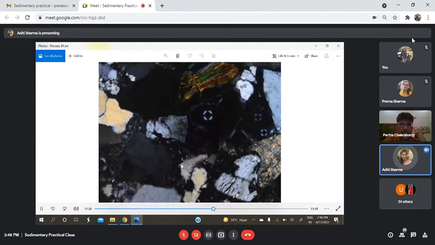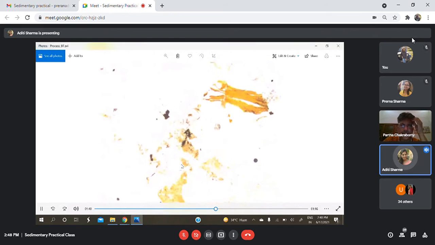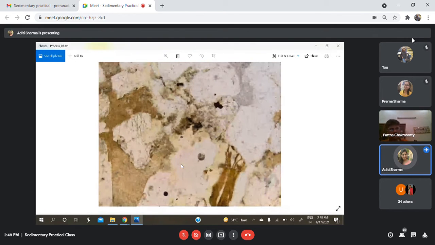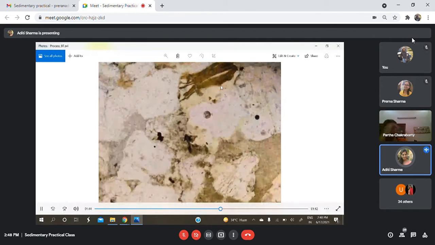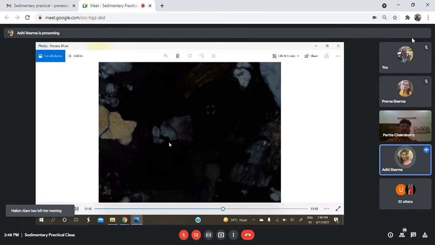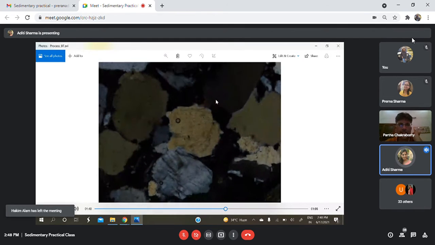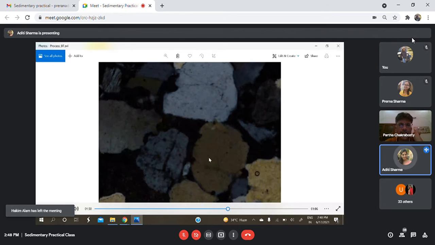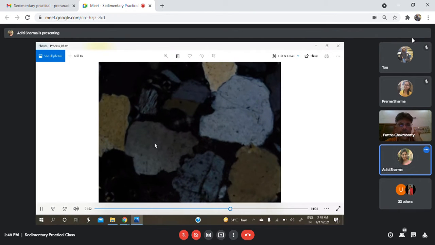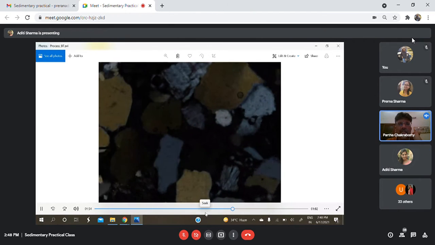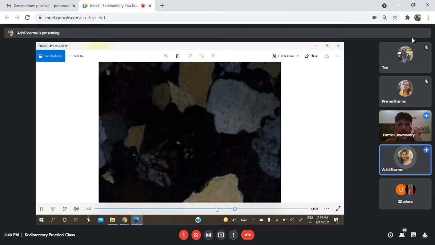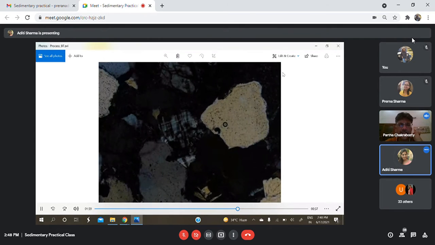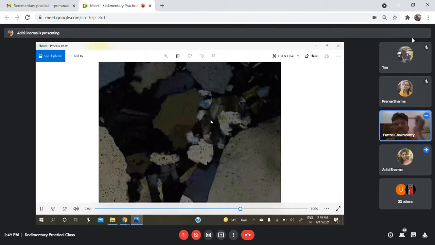There are some polycrystalline quartz and some biotite grains also. This is the biotite that is preserved here, and mostly it is feldspar rich entirely. In the slide, polycrystalline quartz was there.